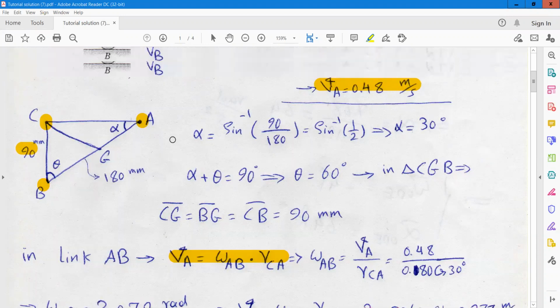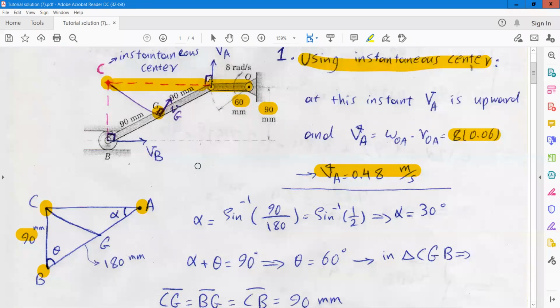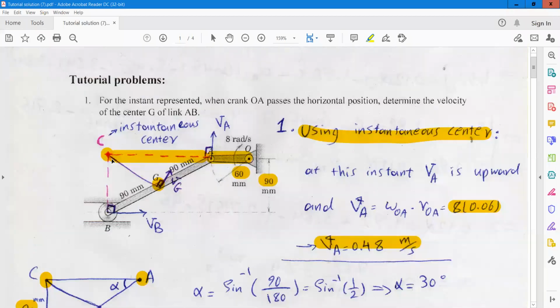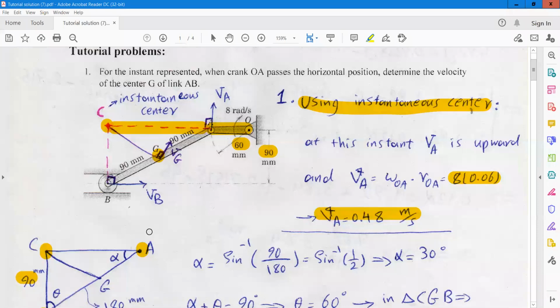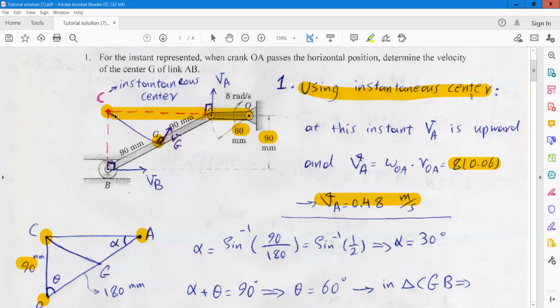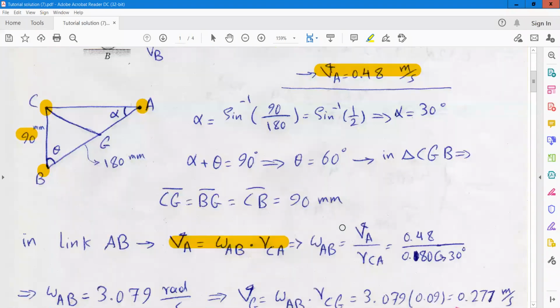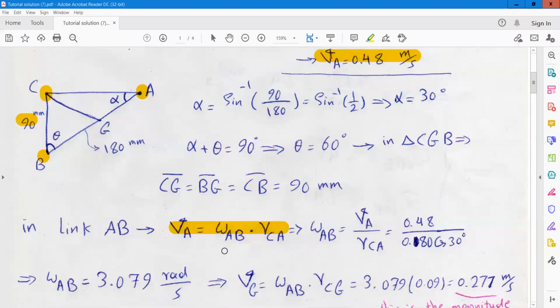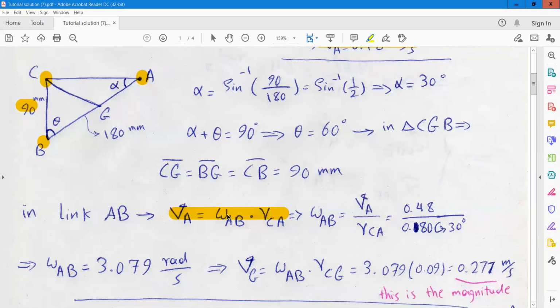So at this instant, we can assume that link AB is rotating about point C. So it means that we can find the velocity of point A by using the angular velocity of link AB.